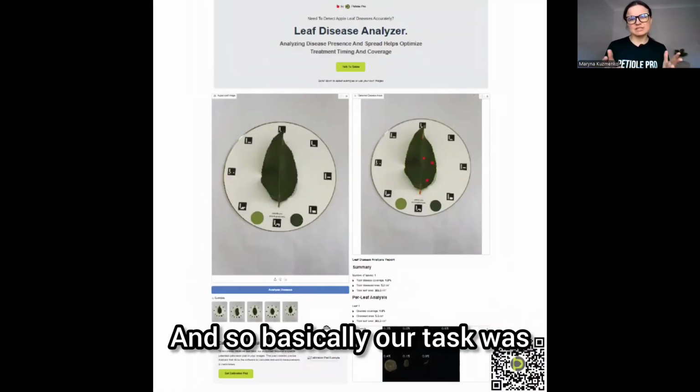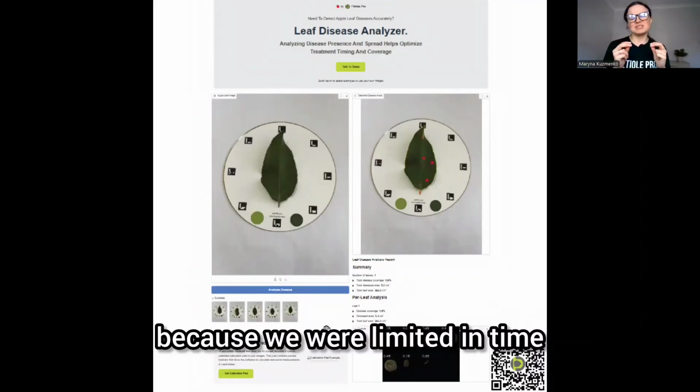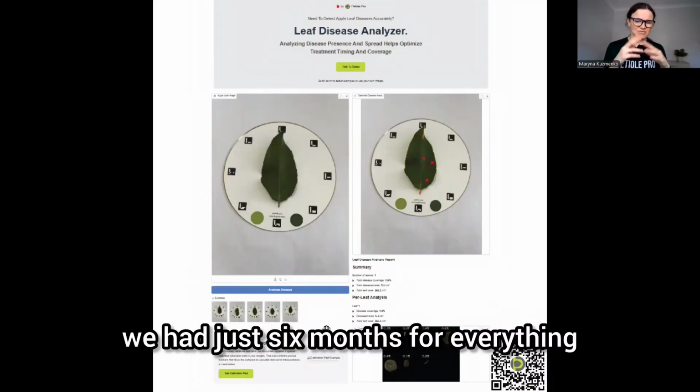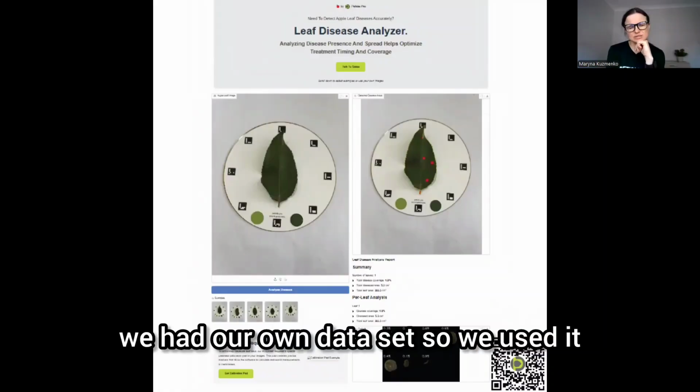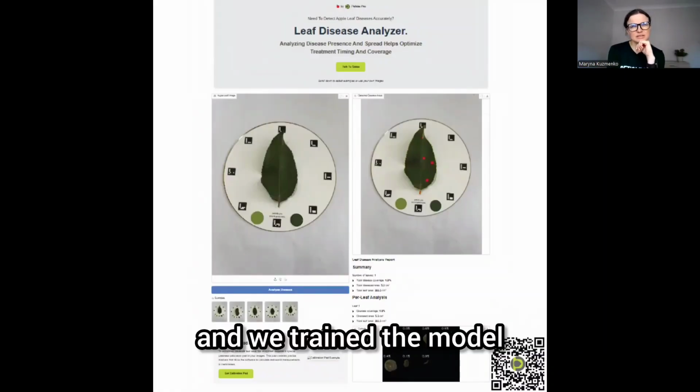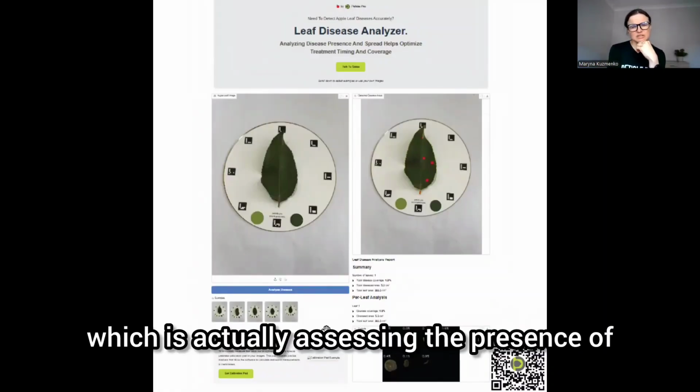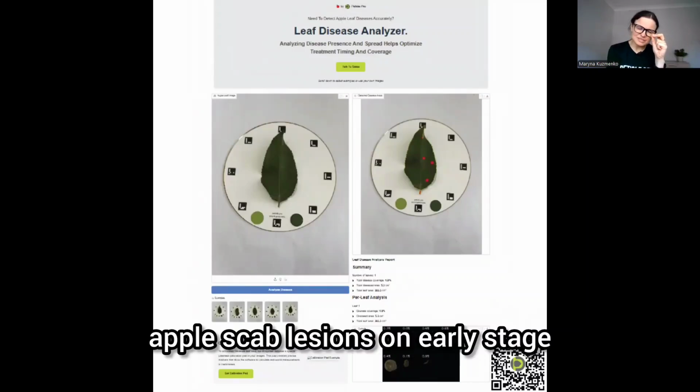So basically our task was, because we were limited in time, we had just 6 months for everything, and we had our own data set, so we used it and trained the model which assesses the presence of apple scab lesions at an early stage.